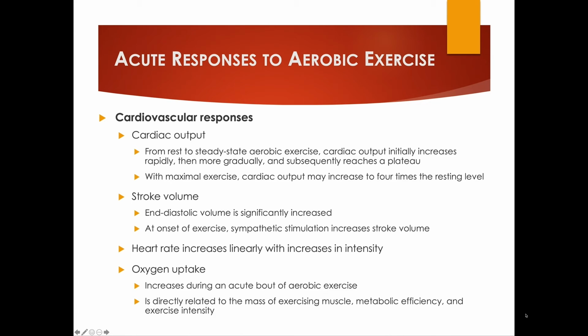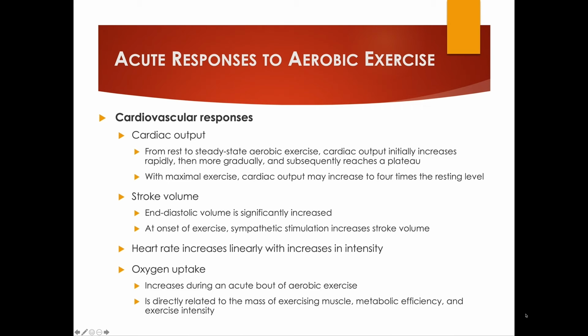It says heart rate increases linearly with increased intensity. I've already said that. And oxygen uptake, it says increases during an acute bout of aerobic exercise. It says it's directly related to the mass of exercising muscle, metabolic efficiency, and exercise intensity. When you're looking at metabolic efficiency, you're looking at how much mitochondria do you have, what are the enzymes, pathways.